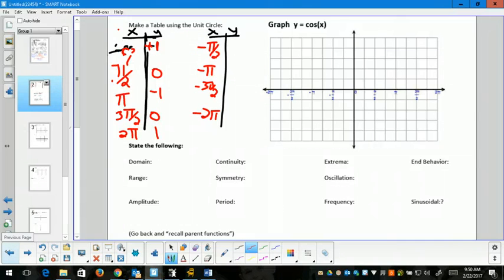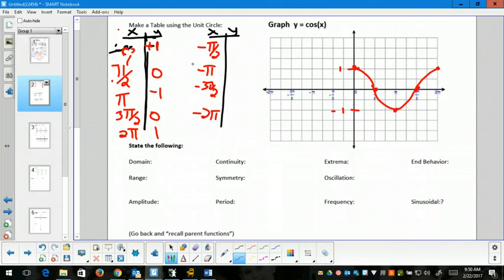I'm going to plot that first. So we've got (0, 1), (pi over 2, 0), (pi, negative 1), (3 pi over 2, 0), (2 pi, 1). It's also oscillating like sine, but instead of starting at (0, 0), it starts at (0, 1), at a height of 1 instead of a height of 0.